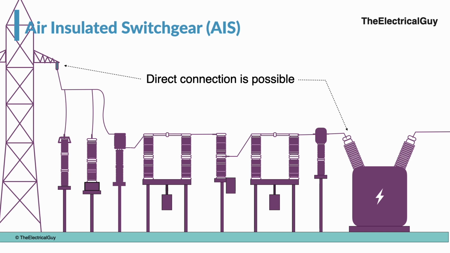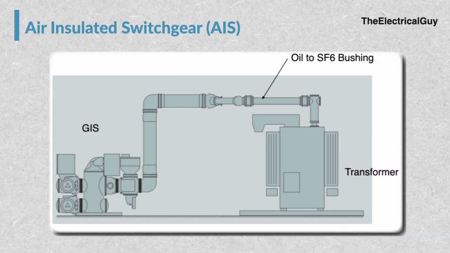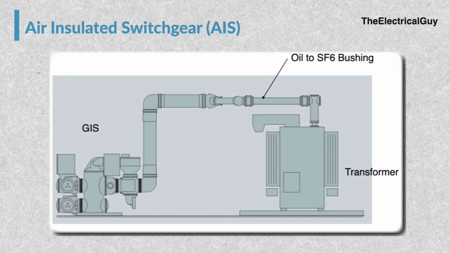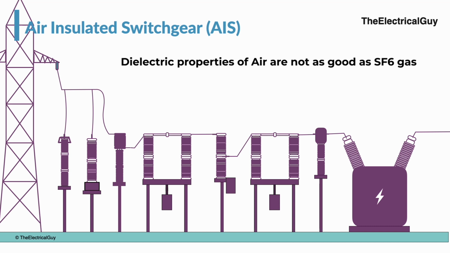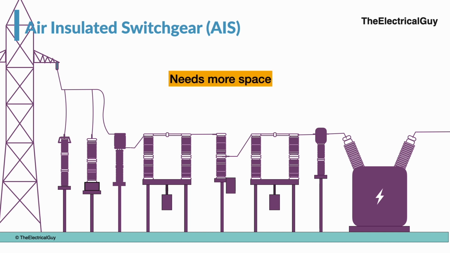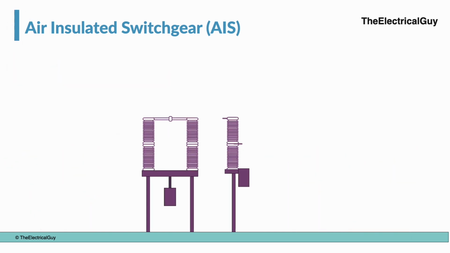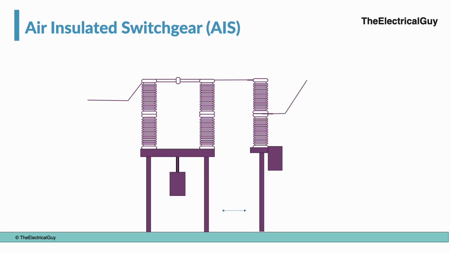For GIS, as we understood in the previous video, bushings are required to make the connection between the transformer and overhead lines. Because the dielectric properties of air are not as good as SF6 gas, the air insulated switchgear needs more space. Even a specific distance needs to be maintained between two switchgears for safer operation.